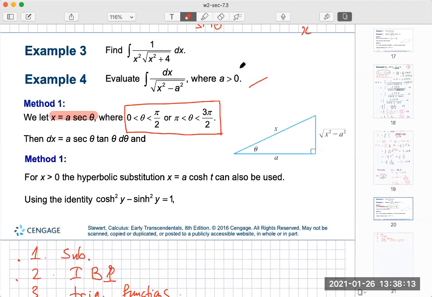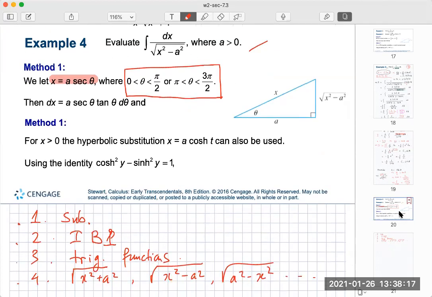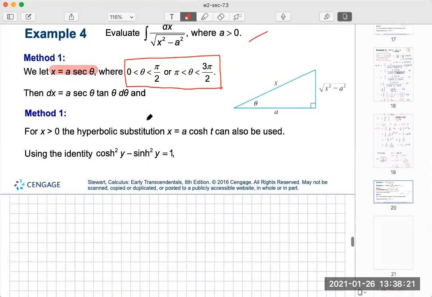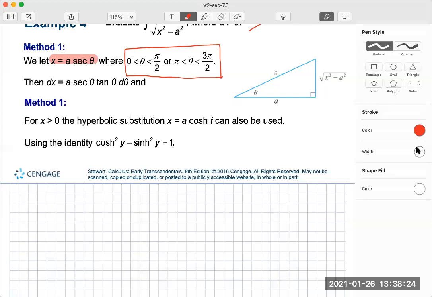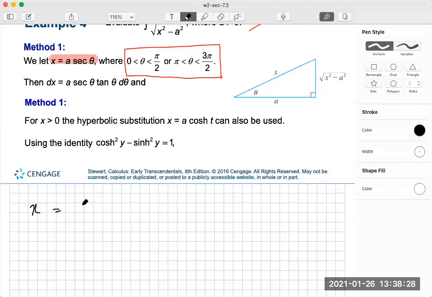Now, as we've done it many times, when we define a new variable, x equals a secant theta, we need to find the relation between these two variables, right?